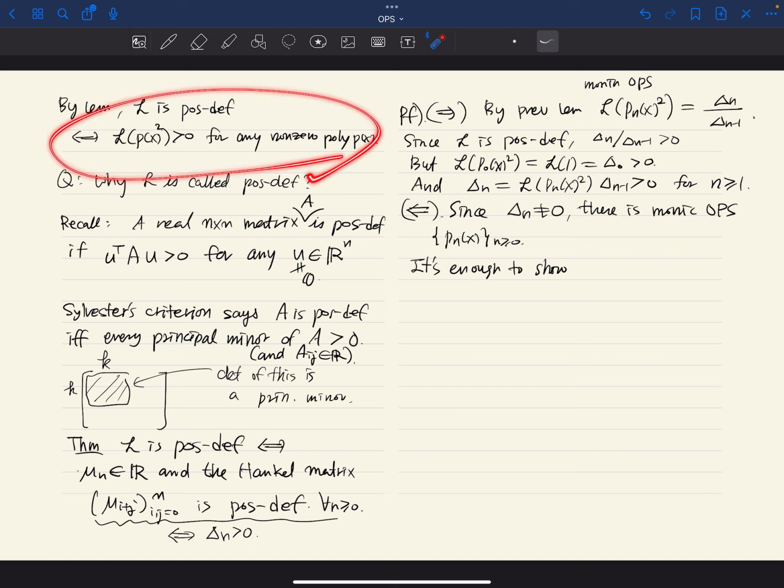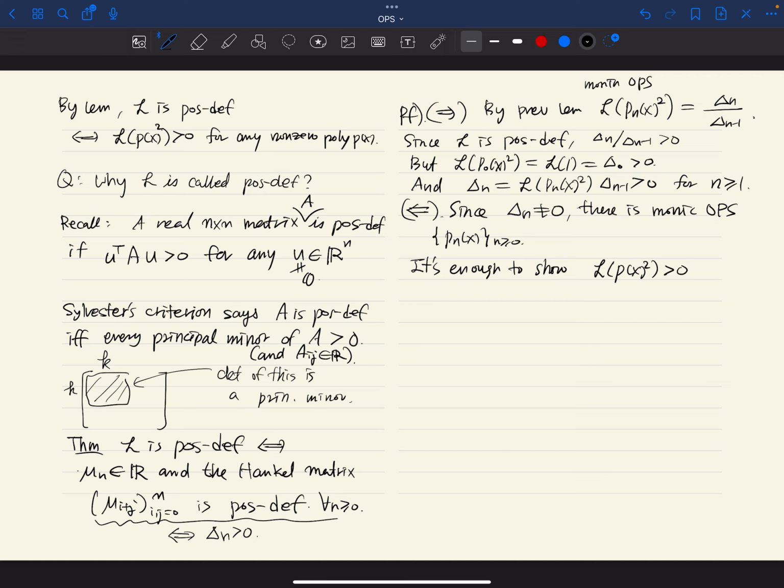Because of this, it's enough to show that L of p(x) squared is positive for any non-zero polynomial p(x), right? So suppose that this has degree m, then we can write p(x) using the monic orthogonal polynomials.